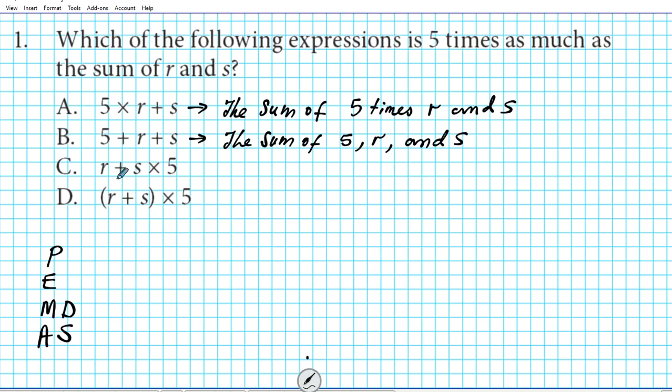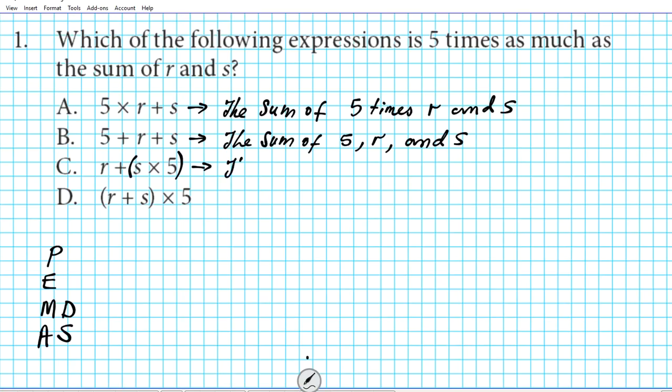Now let's take a look at option C. We have product and sum again. Referring back to our order of operations, we are going to multiply first before we add. So how do we express that in verbal form? In this format, we're finding the sum of r and 5 times s.